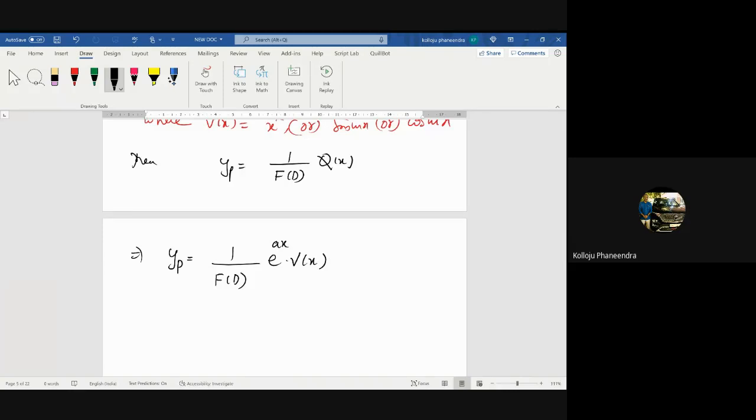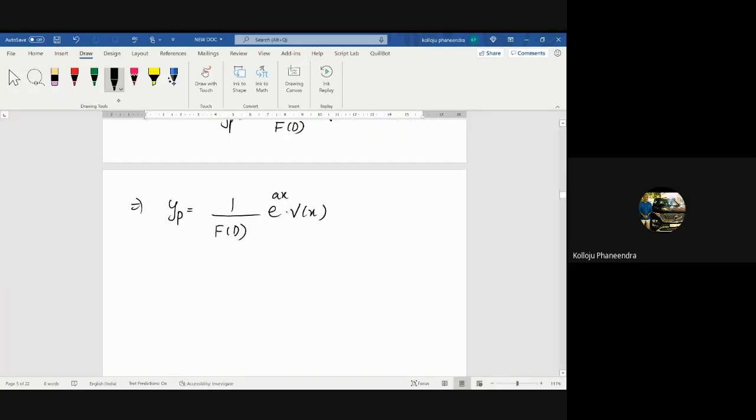Previously, only one function was there, e power x, and we just replaced d by a. But it is not like that when e power ax is multiplied by x power k or sin mx or cos mx. Then what we have to do, I will give here.